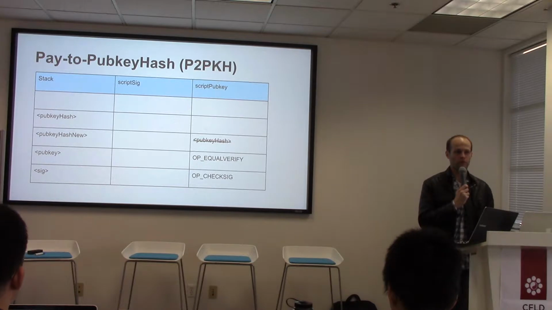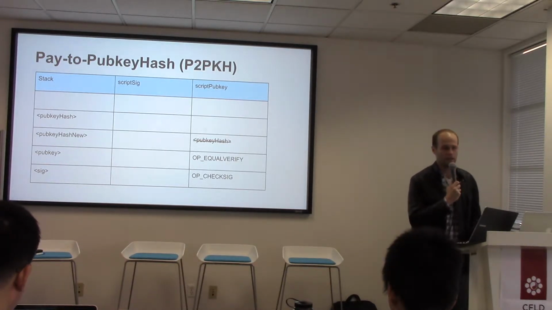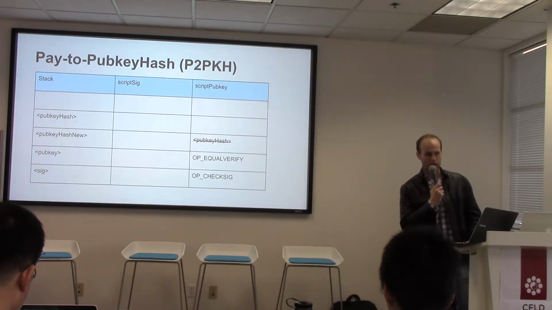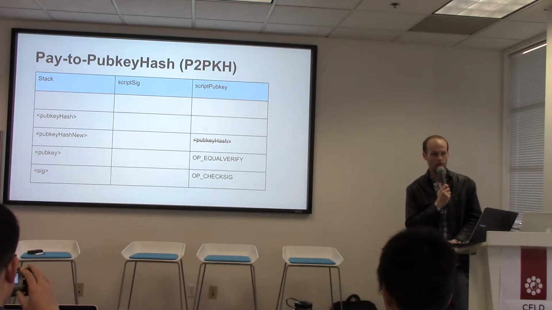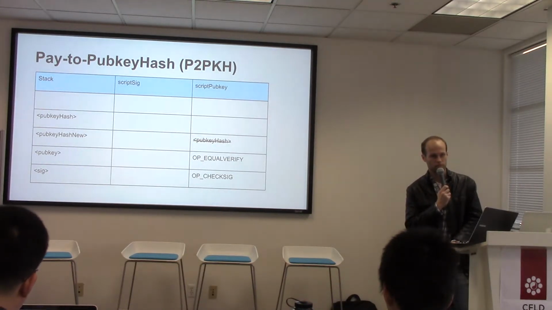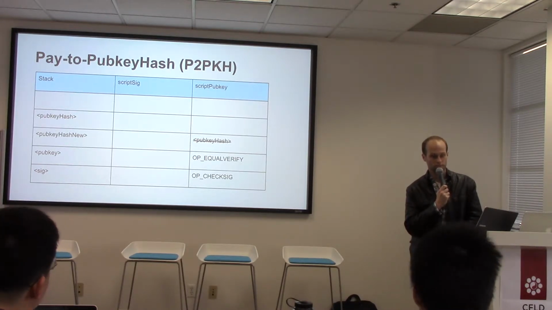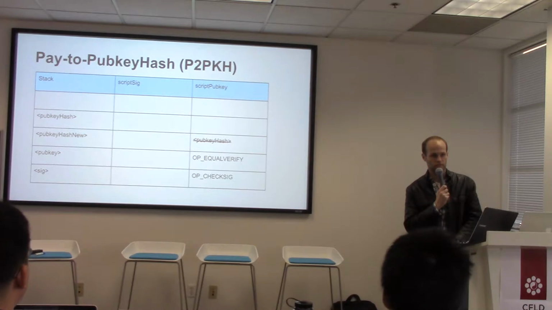If you run op return, it just immediately invalidates the transaction. I don't think it puts anything on the stack. But if the stack ends with a falsy value, that also invalidates the transaction. Does that make sense? So you have to end the script ensuring there's a truthy value remaining on the stack. That's basically the contract of that script.